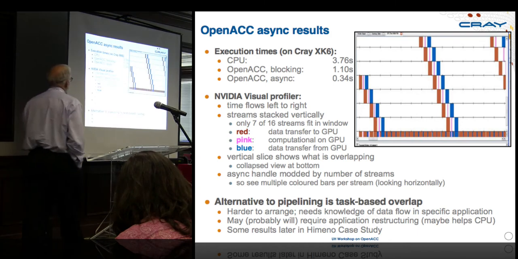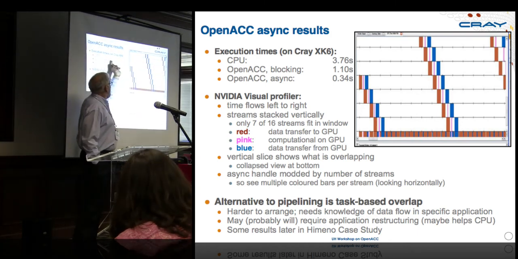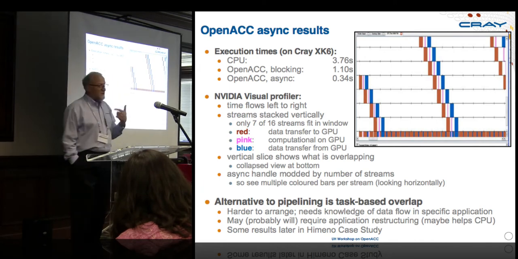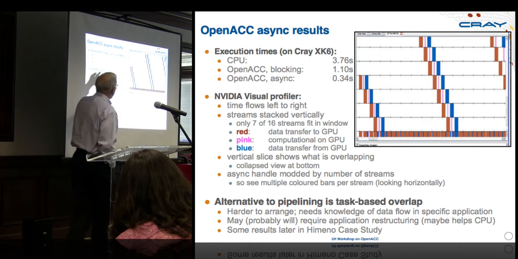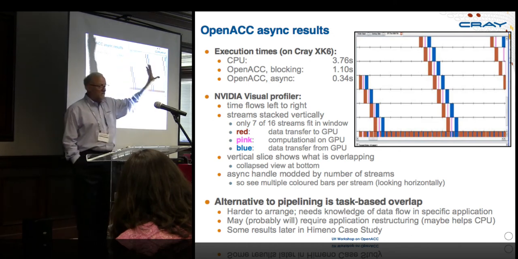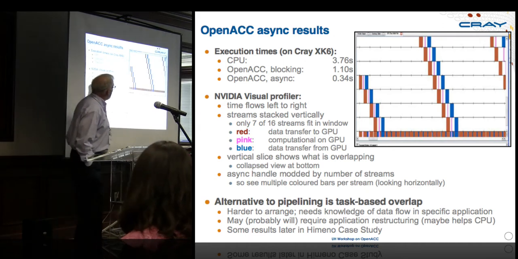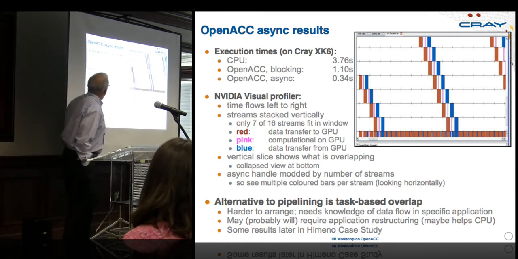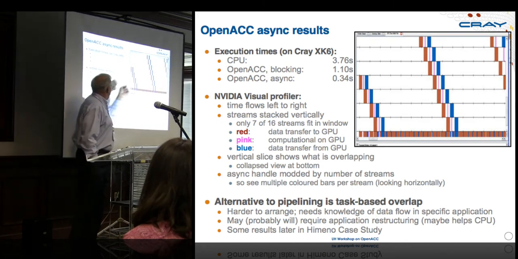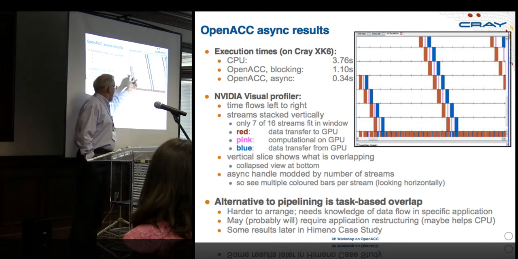This is basically the CPU, the OpenACC where you're not using async, and then using async on that very simple problem. This is showing you how, red is the data transfer, pink is computation, this is over and back.